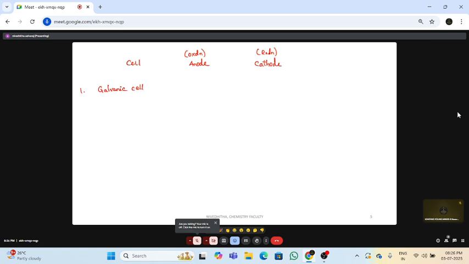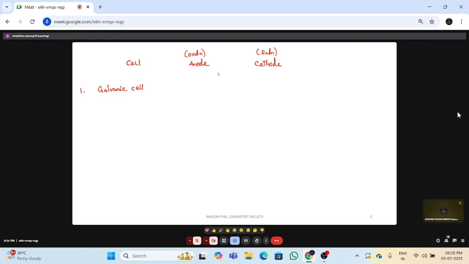We saw in the Daniel cell, right? What was the sign of anode in the Daniel cell? In anode, what reaction occurred? Oxidation, ma'am. Oxidation, where the zinc atom on the rod got converted into Zn2+ and dissolved inside the solution, and the electrons lost by the zinc were accumulated on the anode, right?